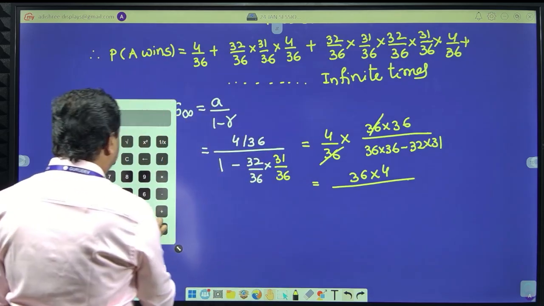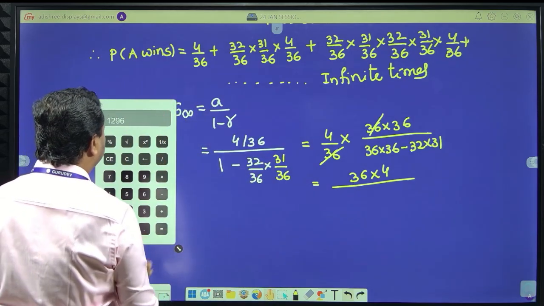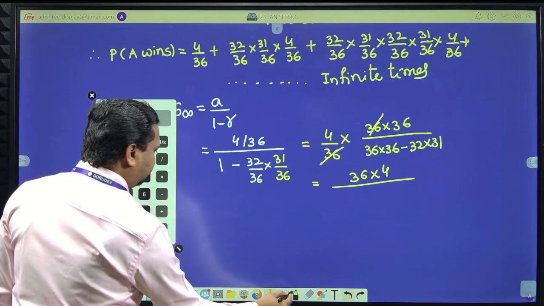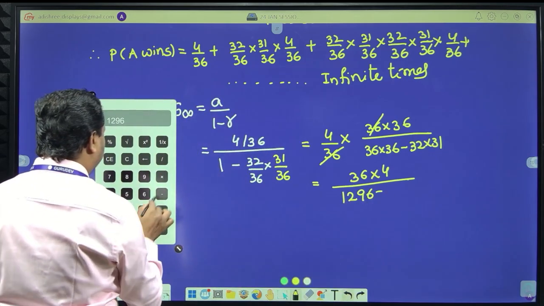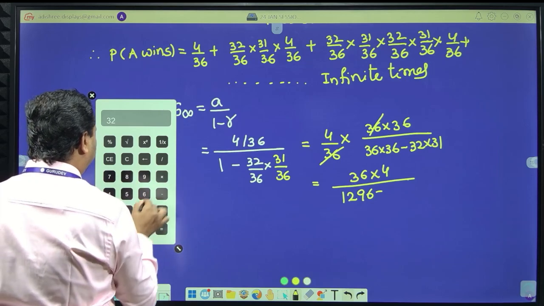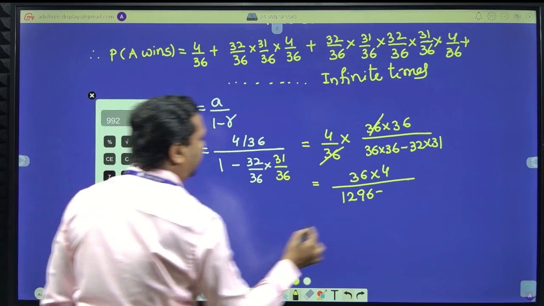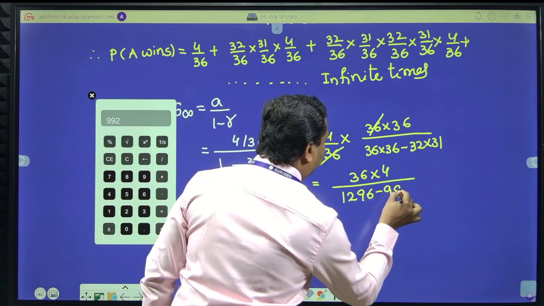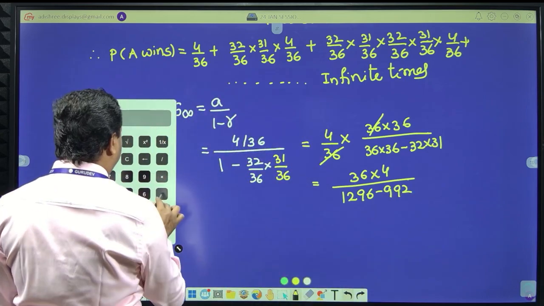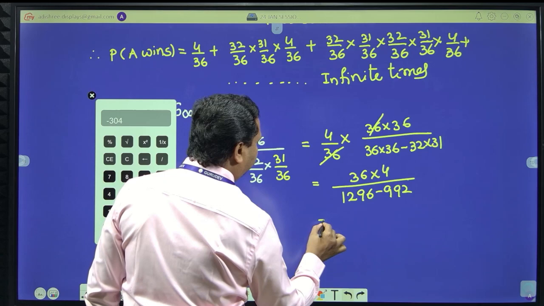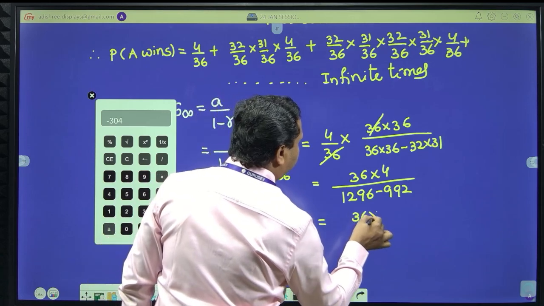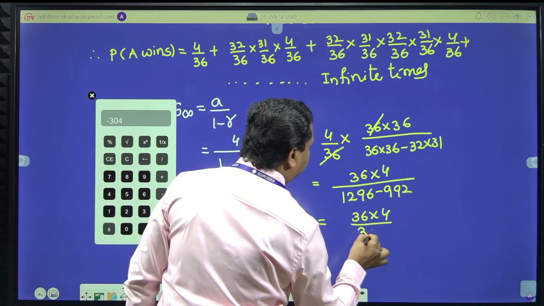Yes, 36 into 36, 1296. 1296 minus 32 into 31, 992. Okay, 1296 minus 992 is 304. 36 into 4 divided by 304.